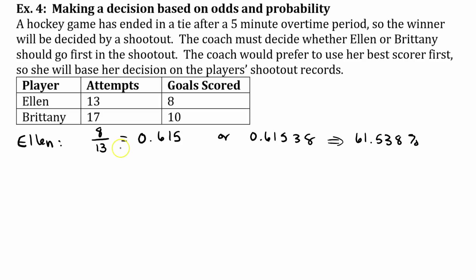Okay, and just to make it official, I'm just going to change this a little bit. So the probability of Ellen scoring equals 8 over 13. So what would the probability of Brittany scoring be?